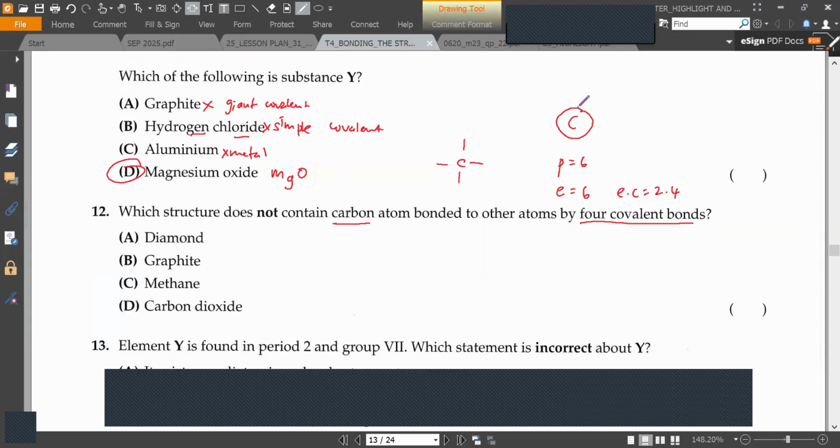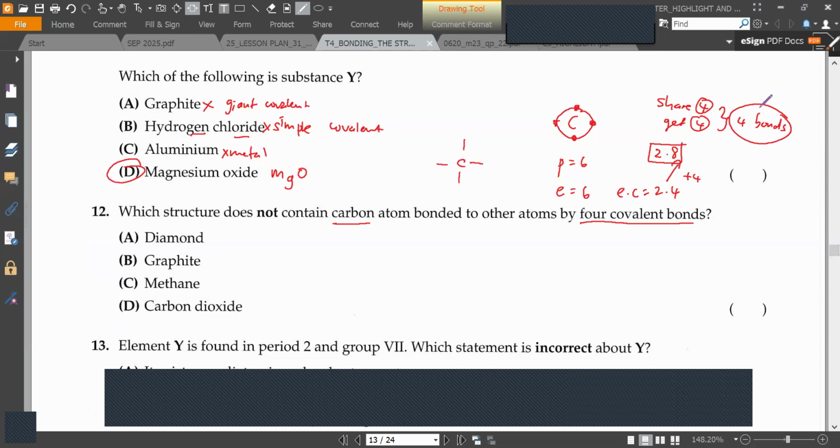So it has 4 outer electrons and needs 4 more electrons to achieve a full outer shell. So it will share 4 electrons and form 4 bonds. Usually, most of the time, carbon will form 4 bonds. So we'll see one by one.